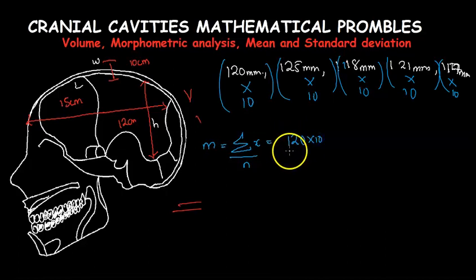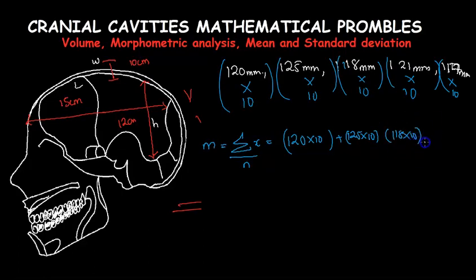Remember, it's in millimeter, but we are going to put that later. We are going to add 125, also multiplied by 10, then 118. Don't forget to multiply it by 10, then 121, also multiplied by 10. The last one on the list is 117, also multiplied by 10.